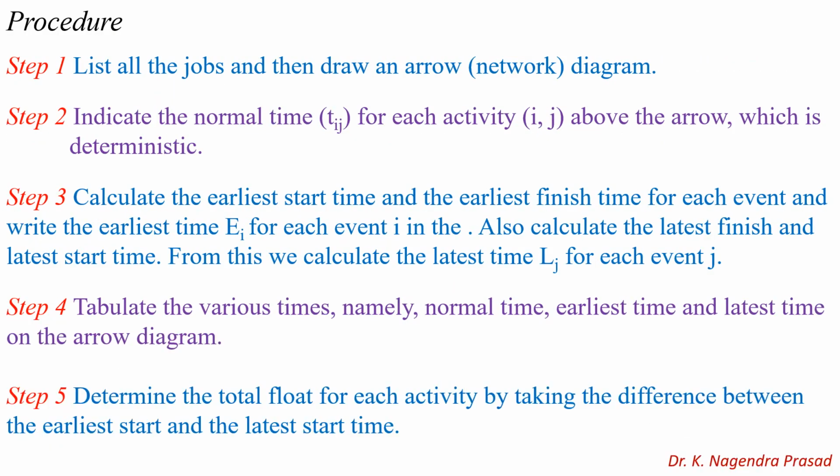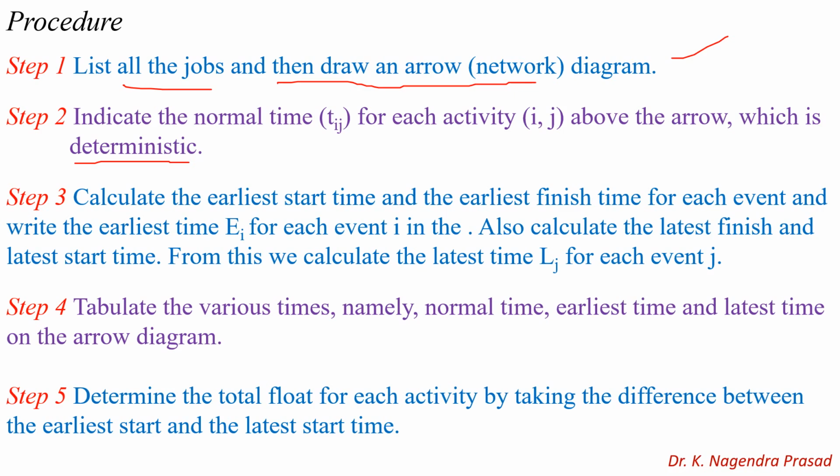The following is the procedure to determine the critical path of the given network diagram. Step 1 is to list all the jobs and then draw a network diagram. Second step is to indicate the normal time for each activity above the arrow, which is deterministic.